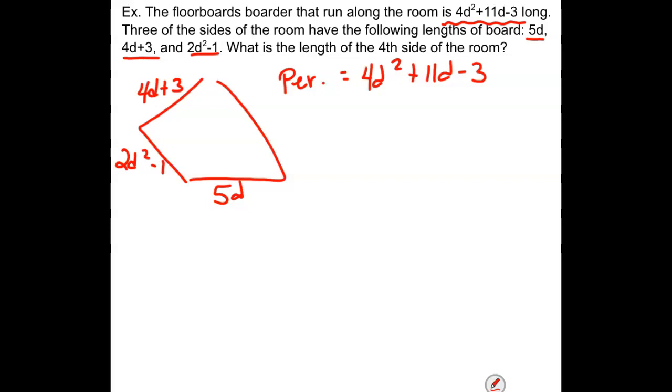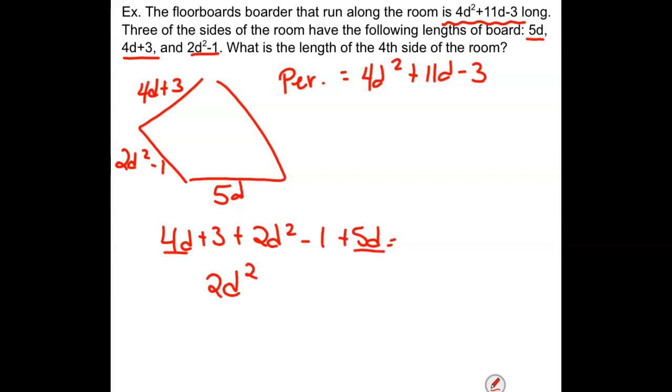Okay, so let's add up. We have 4d plus 3, we're adding 2d squared minus 1, and we're adding a 5d. What do we get for those 3 sides combined? Okay, good. Start with the 2d squared, highest power down to lowest.